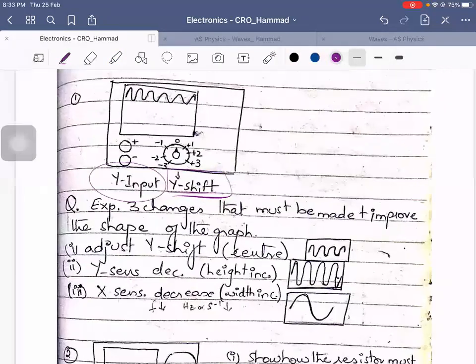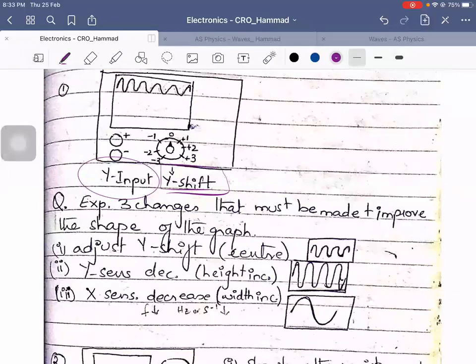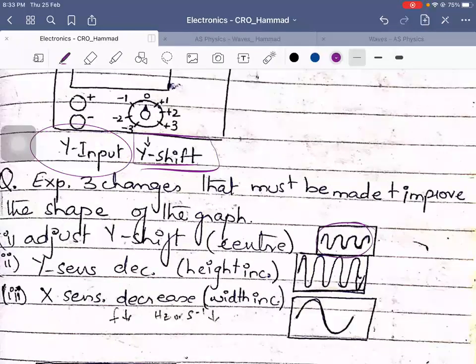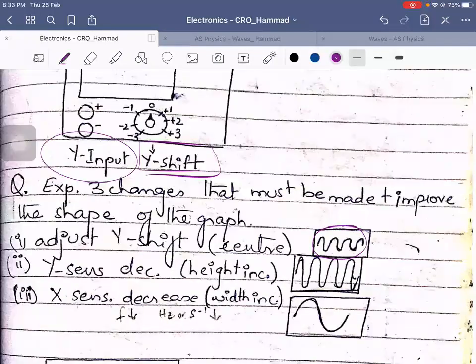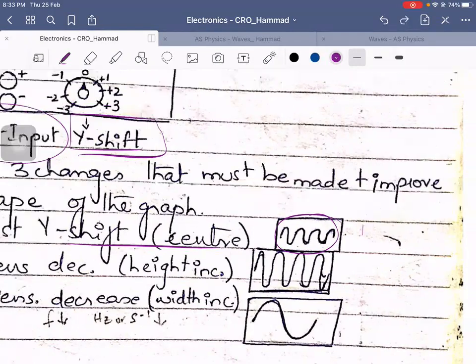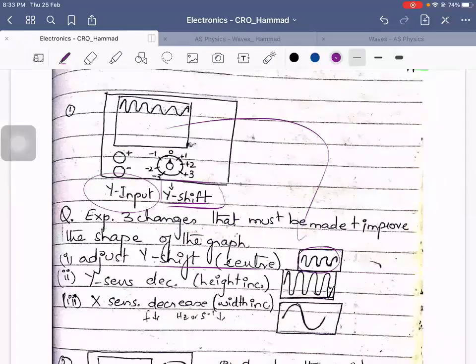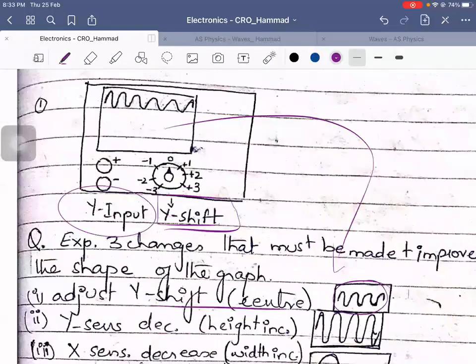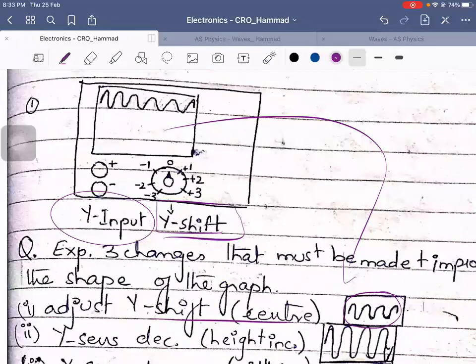Your question is, explain 3 changes that must be made to improve the shape of the graph. This is initially the graphical value. You could adjust the Y shift, such that if you play around with the Y sensitivity value, the jump would either increase or decrease depending on its voltage value until it is at the center.